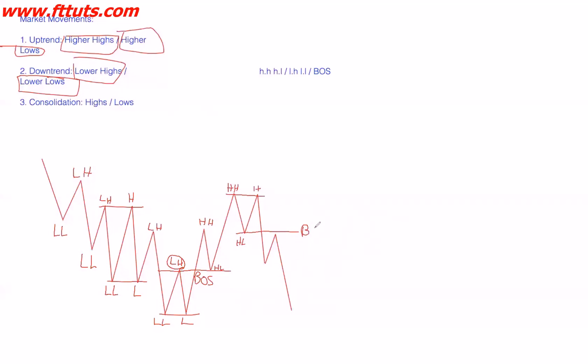So here's our break of structure, because we formed a lower low, then a lower high, and then you can automatically expect a continuation of the downtrend. So if your market structure looks something like this, then congratulations, A+. It's as simple as that.